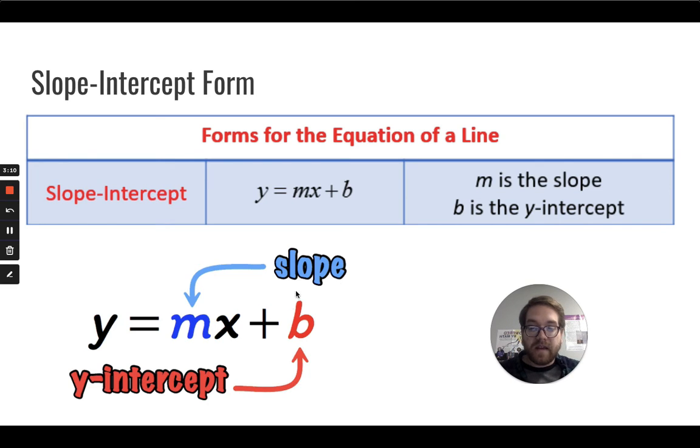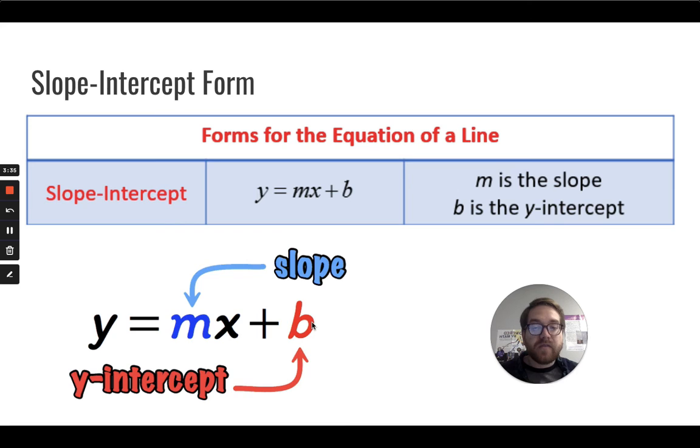The b there is the y-intercept. We haven't talked about that as much, but think about that word, intercept. Think about an interception in football, where you catch the pass and get the football from the other team. That's an intercept. And so the y-intercept is where the line is intercepting or crossing the y-axis.